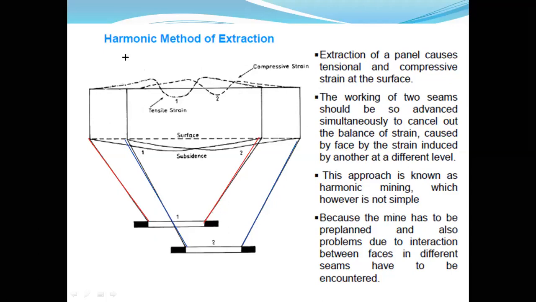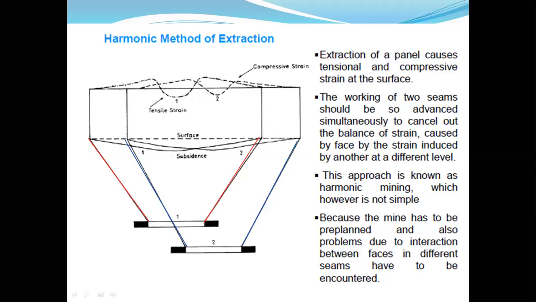See here, in the case of the harmonic mining method, the extraction of a panel causes tension. Generally, extraction of any panel causes tensile and compressive strain on the surface. The working of two seams should be so advanced simultaneously as to cancel out the balance of strain. This is what exactly it is. It is cancelling out. This is tensile.